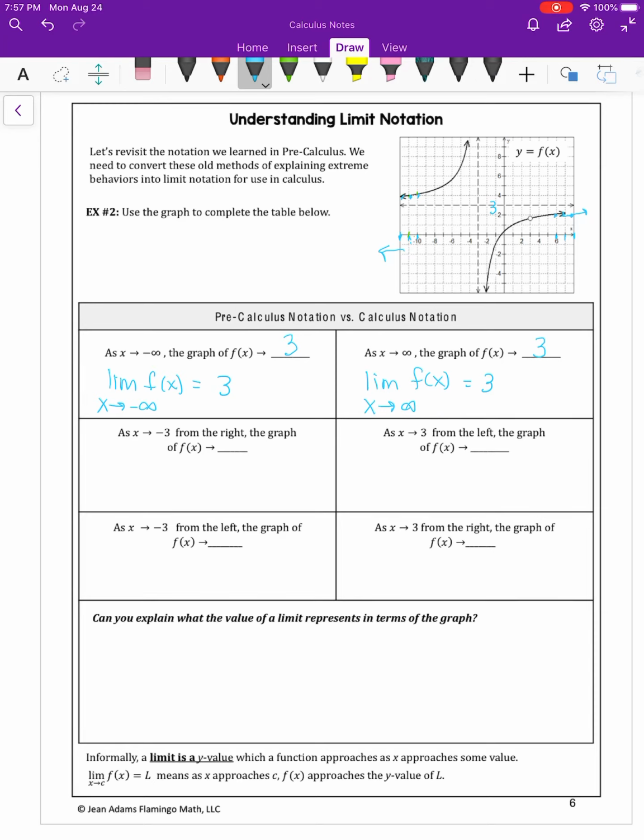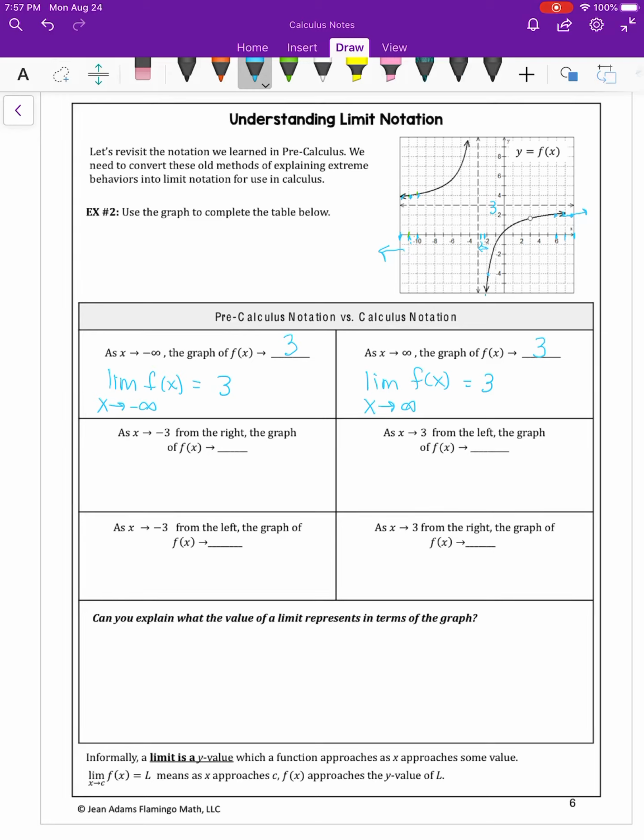So as x approaches -3, and it says from the right. So let's say I'm approaching -3 from the right. So I put this value in. Look where my y is. I put another one approaching -3 from the right. Remember, I'm coming in this way towards -3.